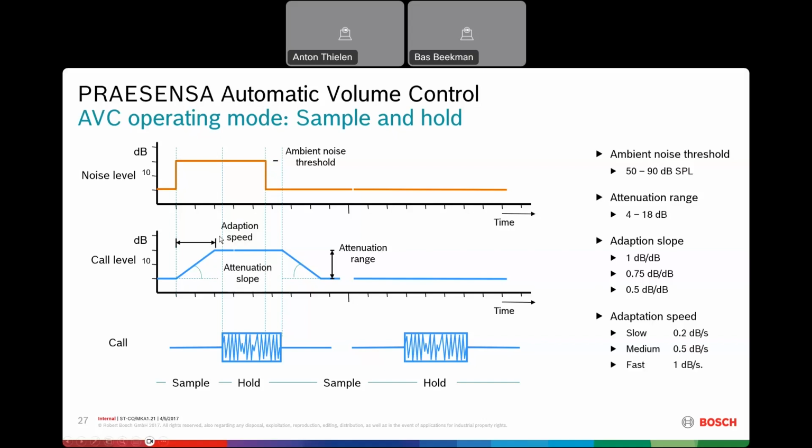The slope I mean is the adaptation speed. That's what I meant here. How quick is the call level being adapted at the moment that the noise level increases. So that is your adaptation speed.